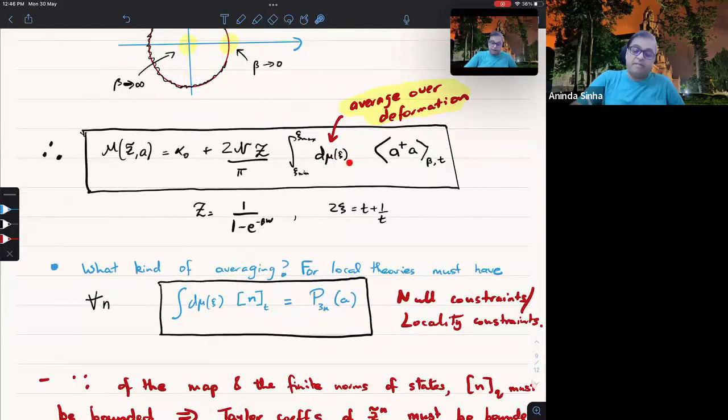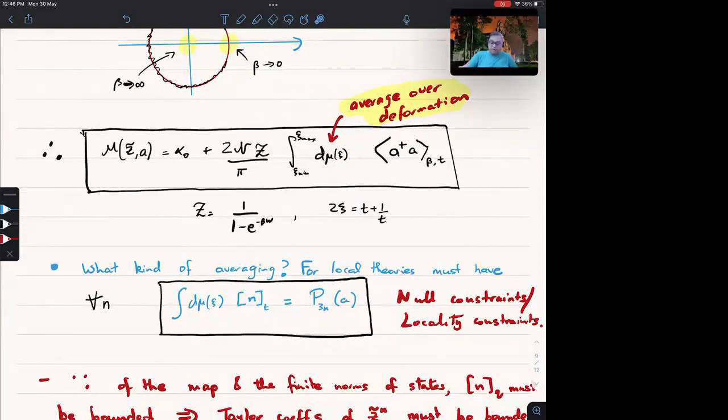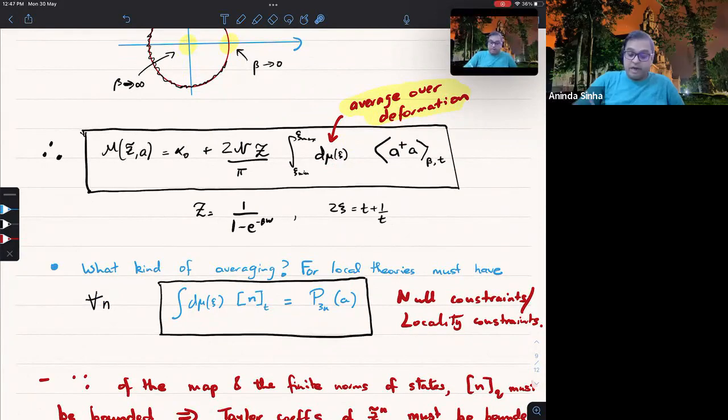Now, this is some averaging, but averaging of what kind? You cannot have averaging of any kind that you want. It's a very specific kind of averaging. And the kind of averaging that you want are just the generalization of the locality constraints that I exhibited. So these are just a statement in terms of these Q numbers integrated over this probabilistic measure factor, the fact that it should be a polynomial.